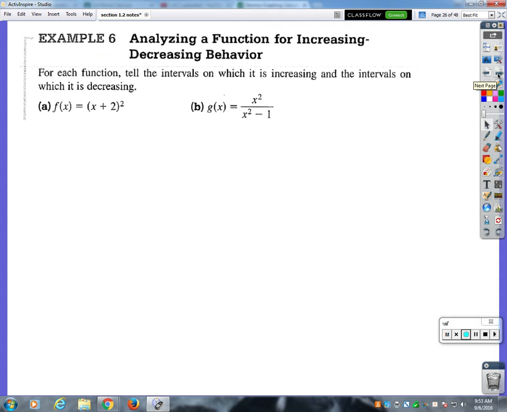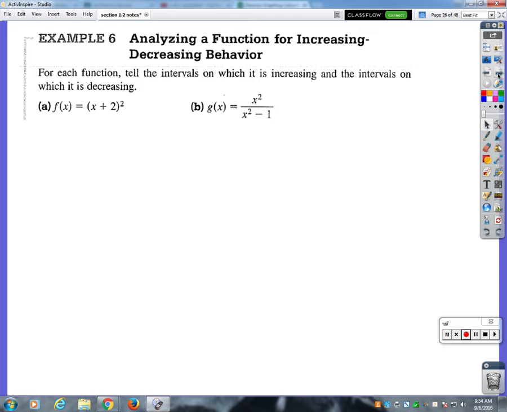Okay, so let's get a little bit fancier. Let's look at some more complex functions and tell whether it's increasing or decreasing, or of course it can do both. And if it's doing both, what intervals is it doing those crazy things on? So I guess we're going to look at the graph.